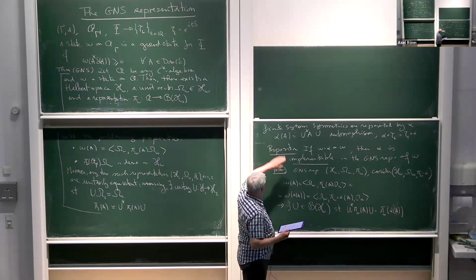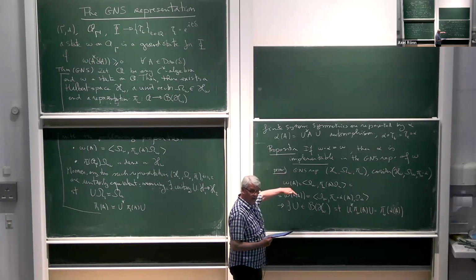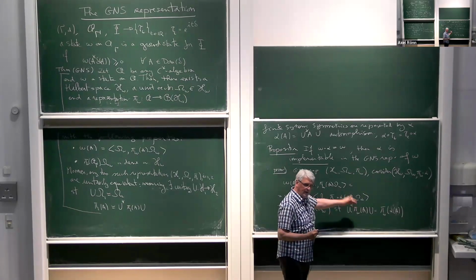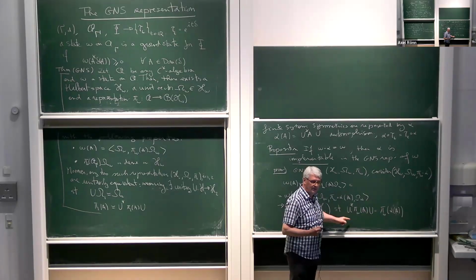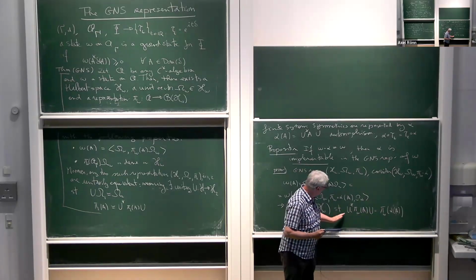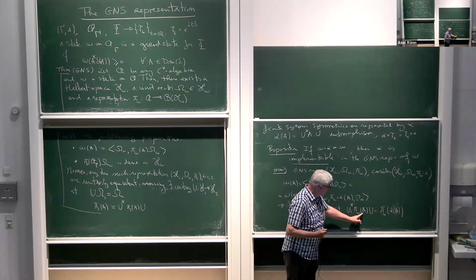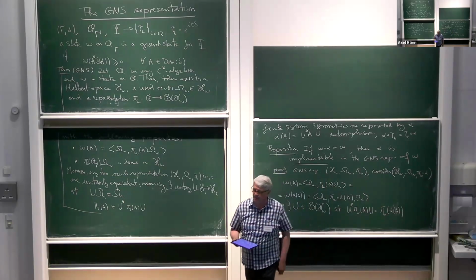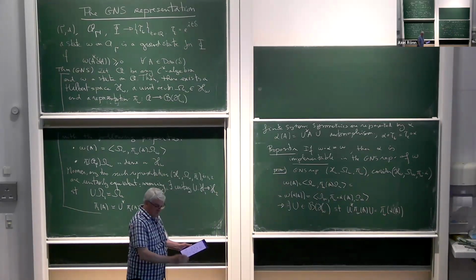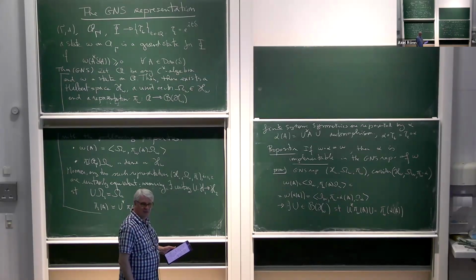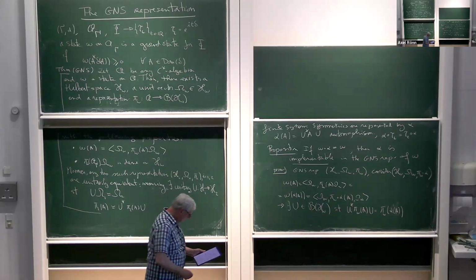So this automorphism doesn't have to be implemented by a unitary in the algebra. There doesn't have to be a unitary in the algebra that satisfies this relation. I cannot put a unitary of the algebra in here and have this relation. I have to go to the representation. So this is a good case for using the GNS representation.